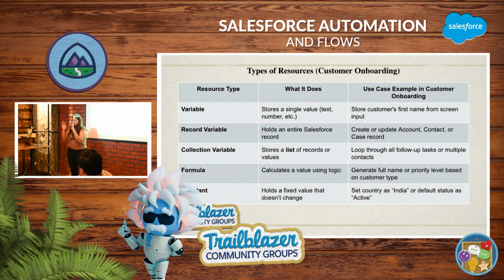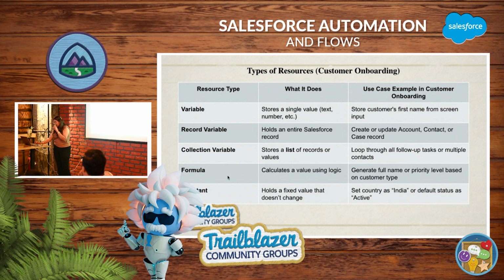Whenever all the record variables are collected together, we create a record collection variable. And a normal collection variable is just a variable holding multiple singular values.